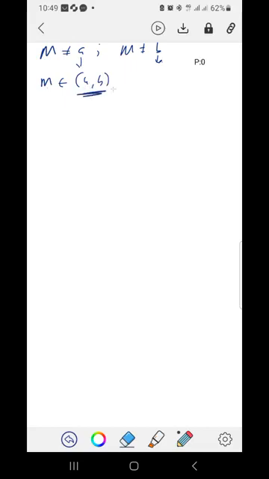If it's not the endpoints, then it has to be within the endpoints. So it is in the open interval of A and B. That one has been established.